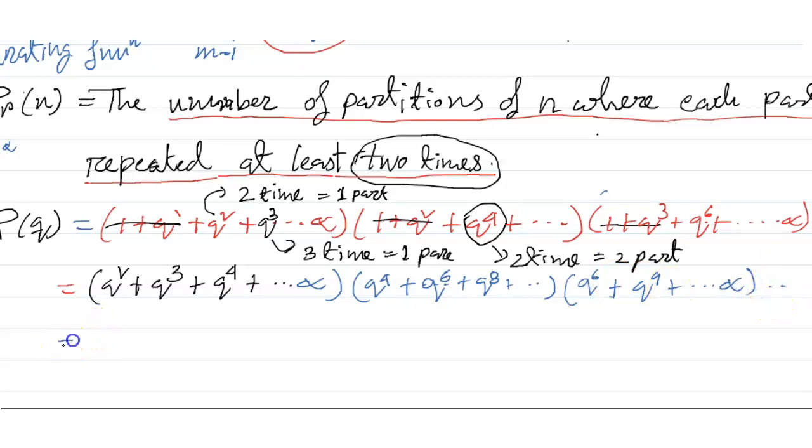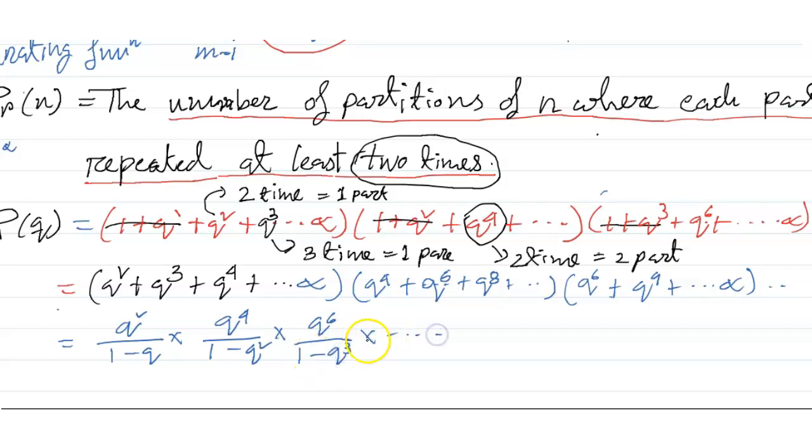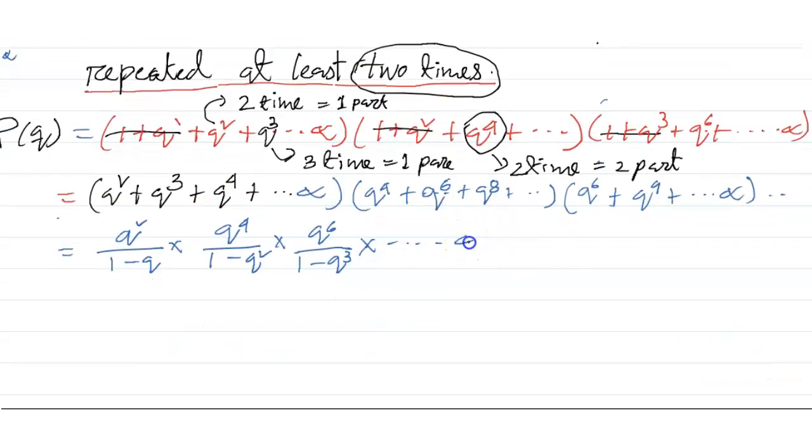So it can be written this way: q square divide by 1 minus q into q to the power 4 up to 1 minus q square into q to the power 6 divide by 1 minus q cube, and so on.